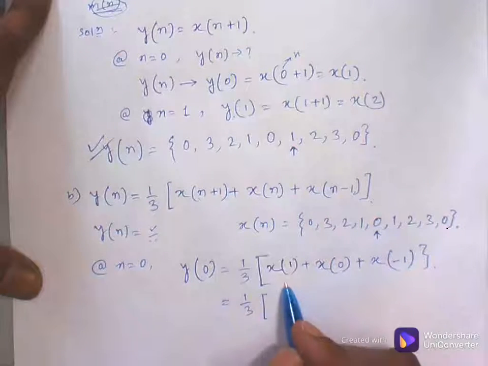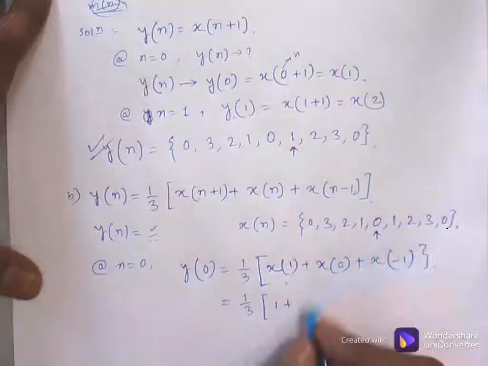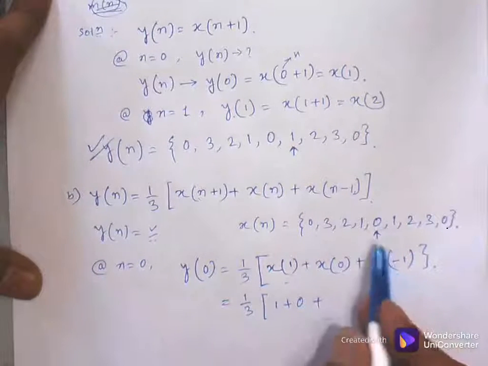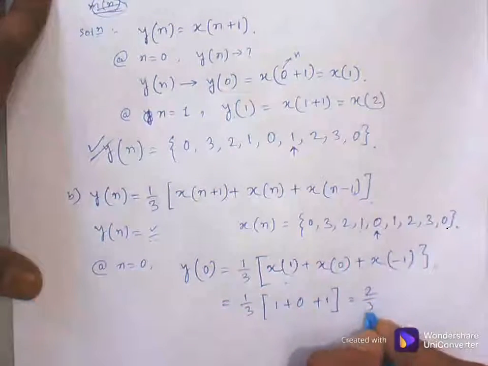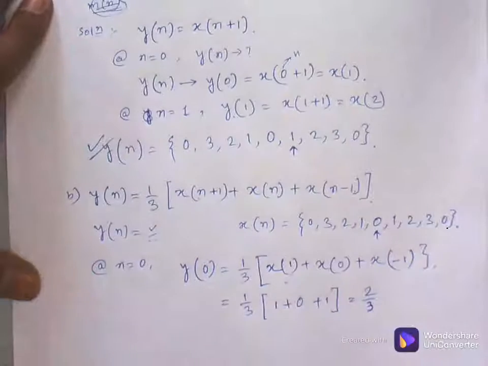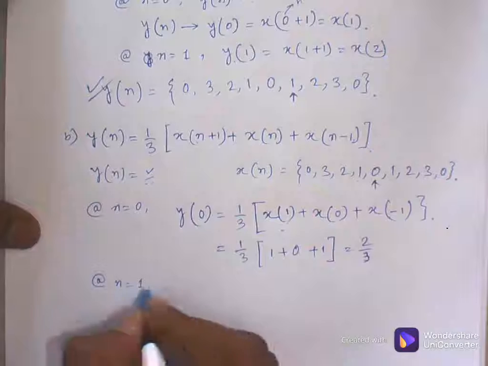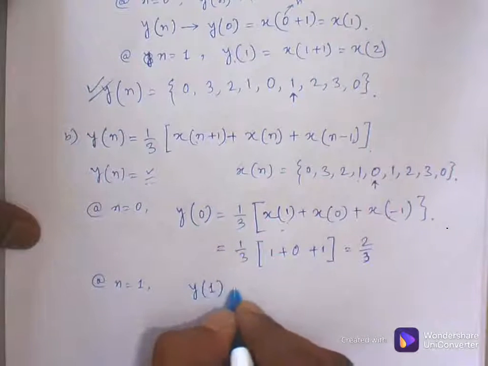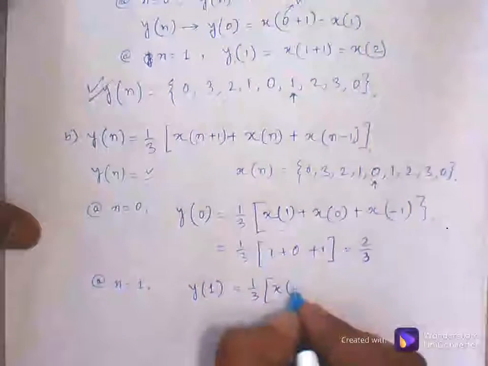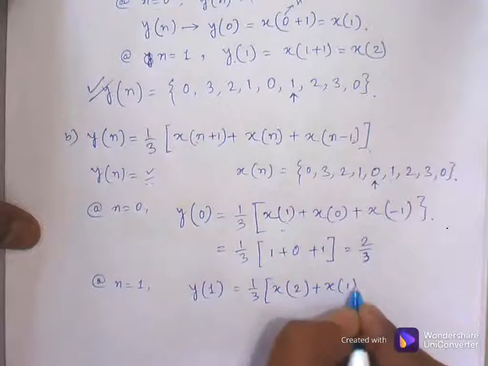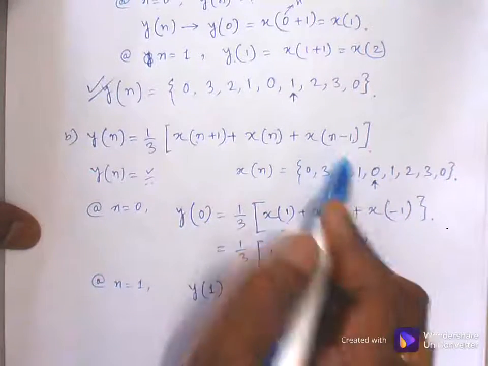What is the value of x of 1? That is 1, plus x of 0, that is 0, plus x of minus 1, that is also 1. So 2 by 3. Similarly, at n equal to 1, y of 1 equals 1/3 of x of 1 plus 1, that is 2, plus x of 1, plus x of 1 minus 1, so 0.